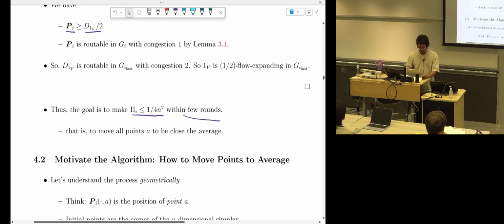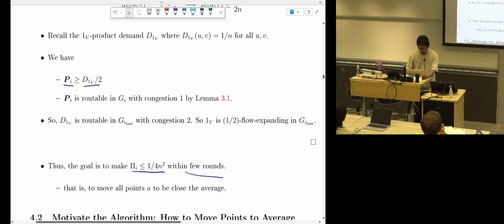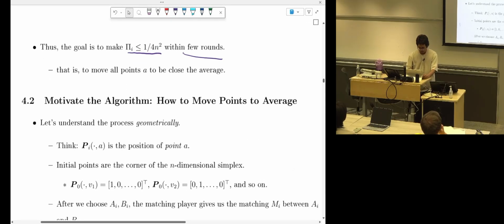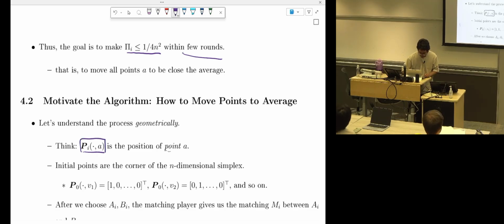So now let me motivate the algorithm. Okay, so again, let's think geometrically. Think of the column A of Pi as the position of A at time i.